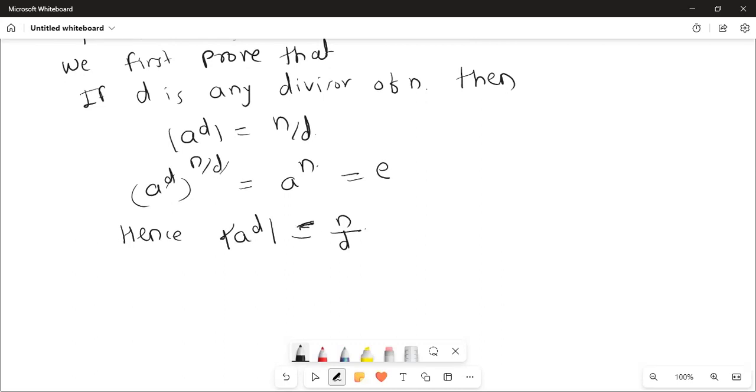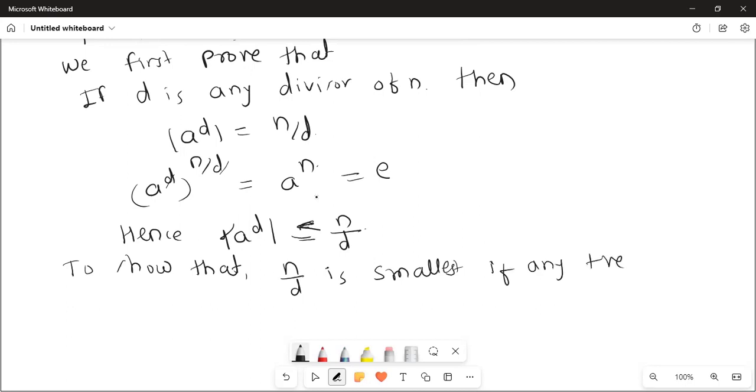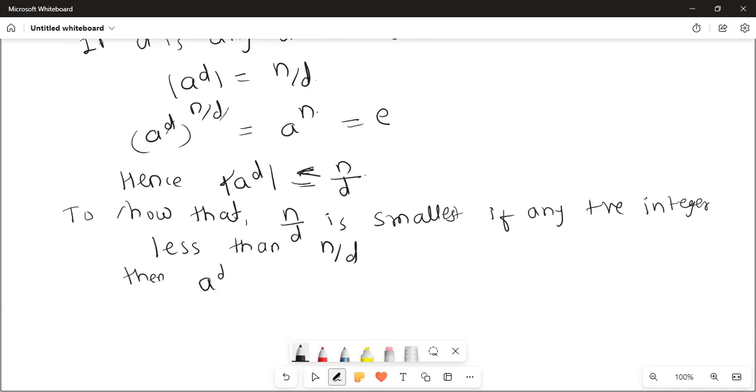A raised to d is less than or equal to n divides d. To show that n divides d is smallest: if any positive integer less than n divides d, then a raised to d is equal to e.